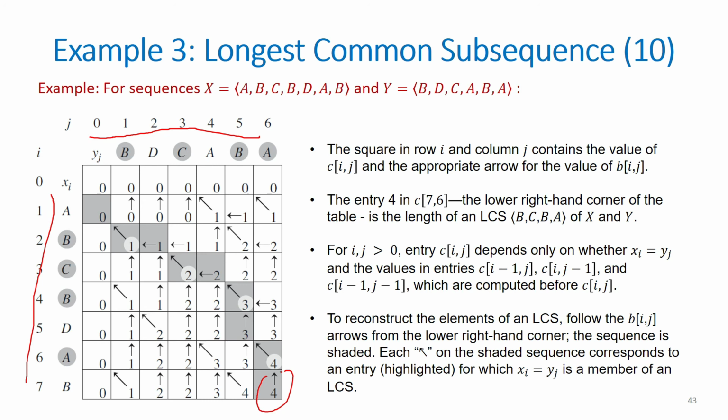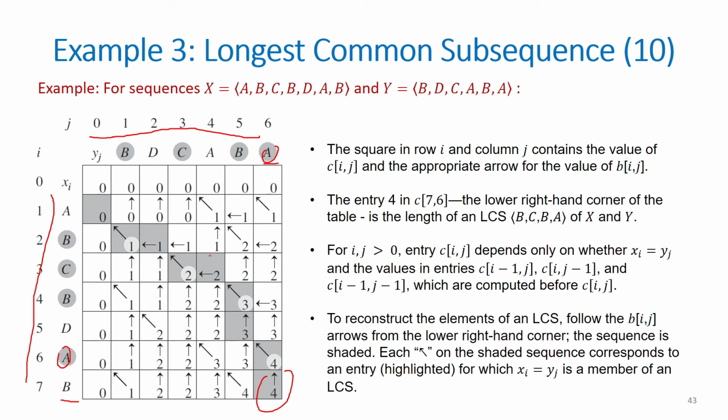So start from the element C[7,6]. The last element of sequence X is B, and of sequence Y is A. They are not equal. Then we apply case 2, which states that compare X6 and Y, which is A and A. Since they are equal, we now compare C[5,5], and so on.